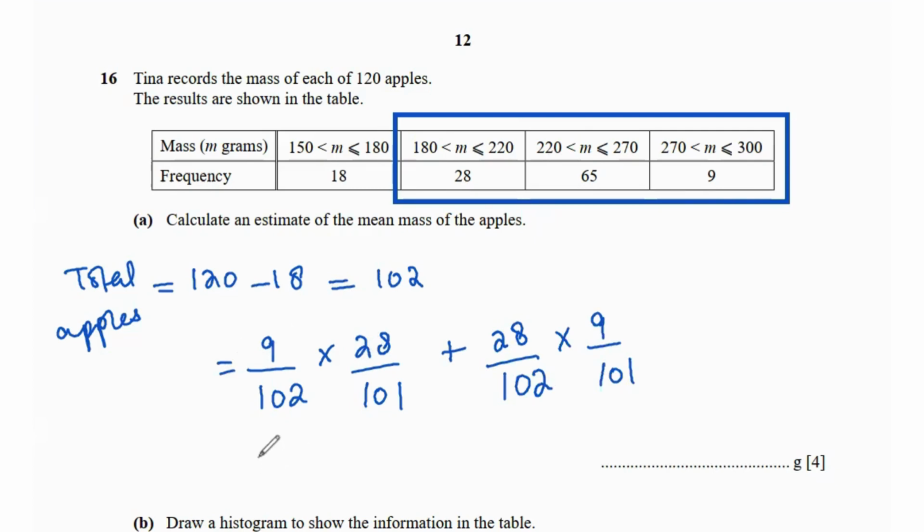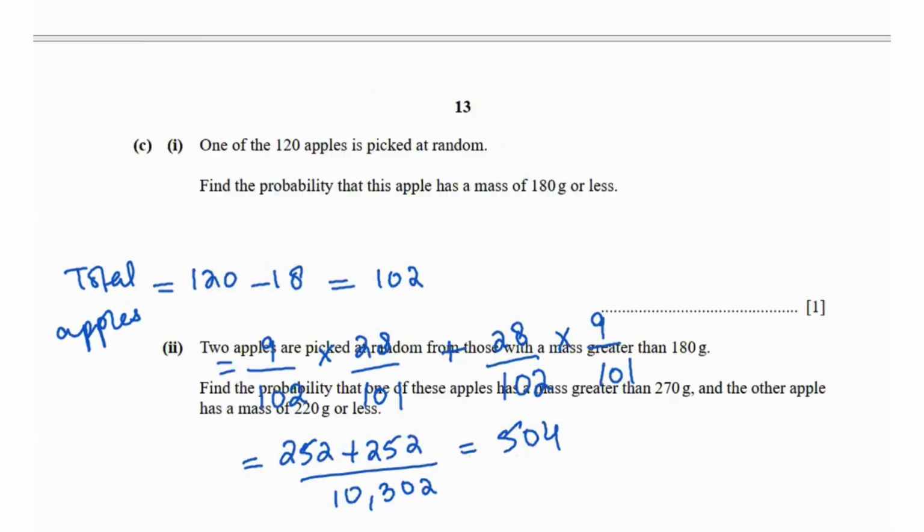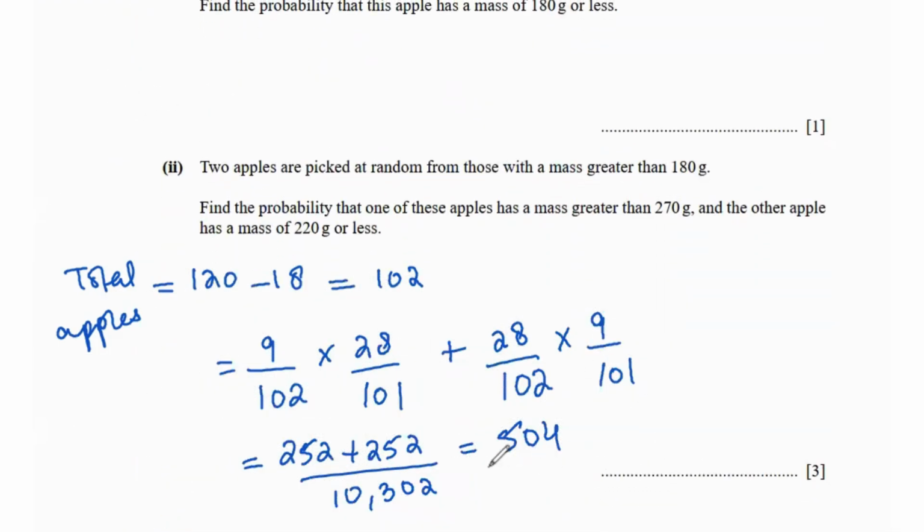So 9 times 28 is going to be 252. So 252 plus 252 over 102 times 101, which is 10,302. So 252 times 2 is 504. So if you bring these down, we have 504 divided by 10,302.